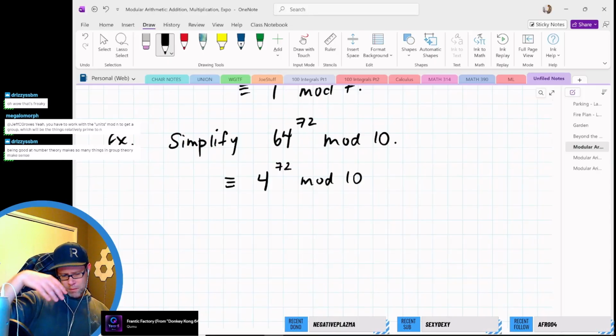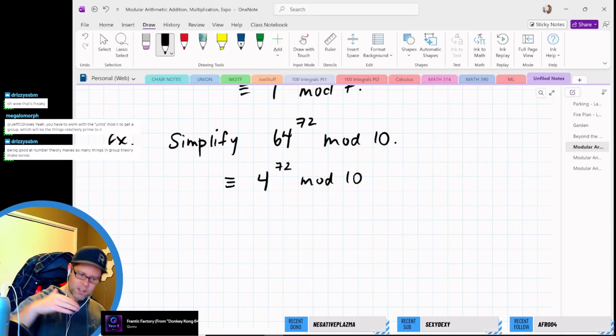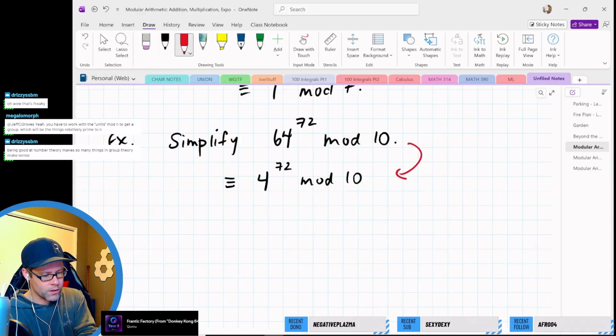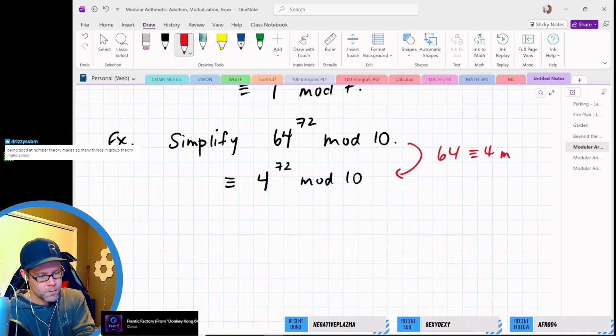And then I'm going to start thinking about grouping some of these 4s together. So in my notes here, I'll just make a little note: 64 is congruent to 4 mod 10. That was my step number 1.